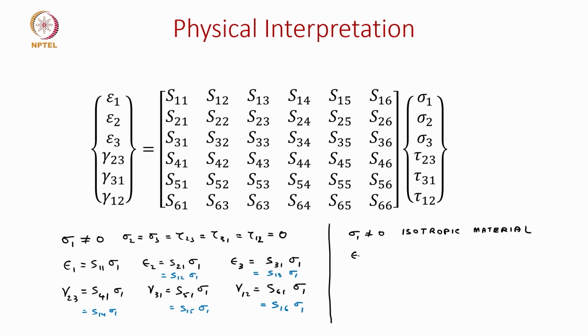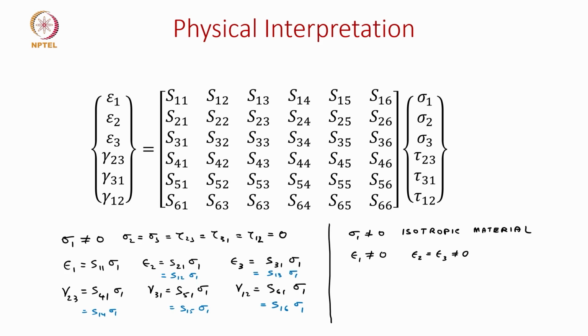In the axial direction of the load, we expect the strain to be non-zero, but what about the strains in the transverse direction? We know that the strains in directions 2 and 3 are non-zero, but these two strains are equal for an isotropic material, meaning epsilon 2 equals epsilon 3, both are non-zero.